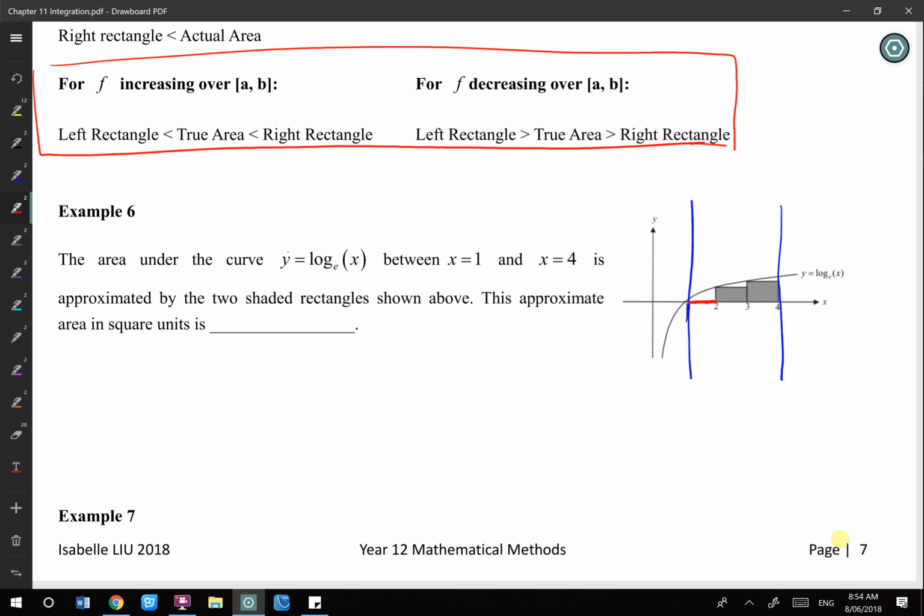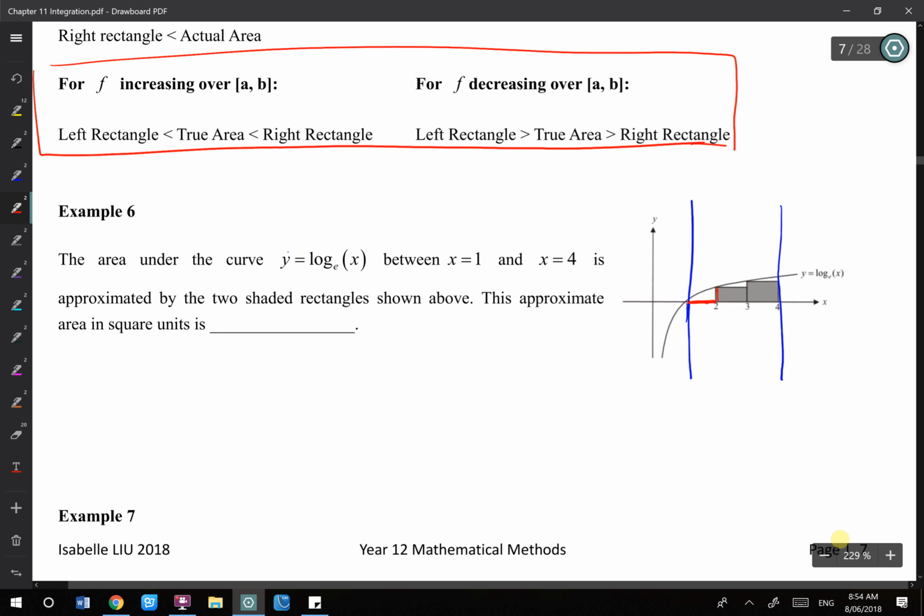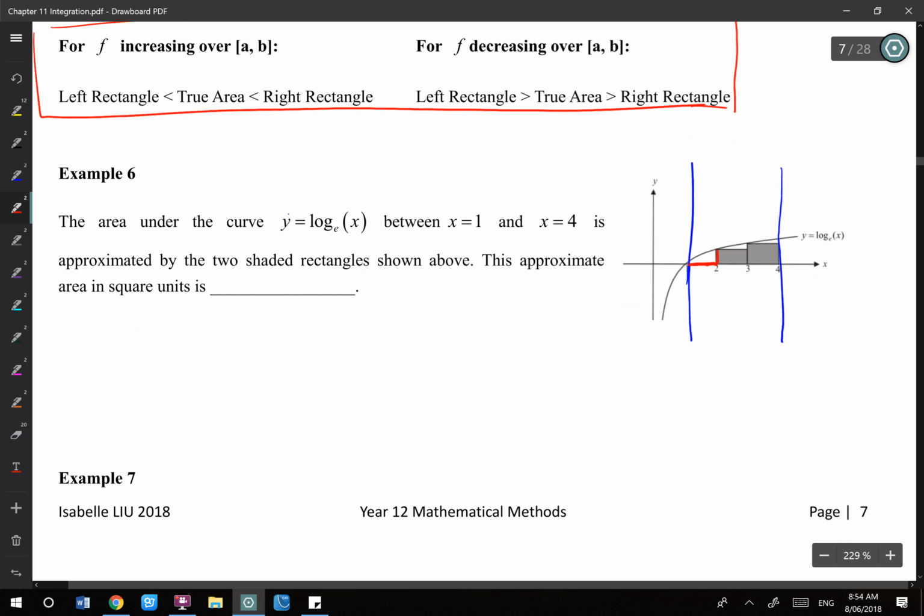Well, the first height here, okay, I'll just show you the formula. The first one here, I will say that's log e 2 plus log e 3 times 1. Okay, that's the formula we should have.